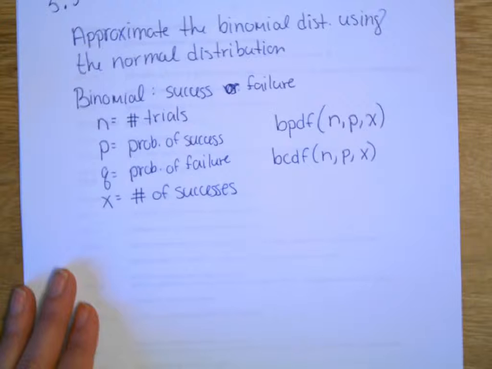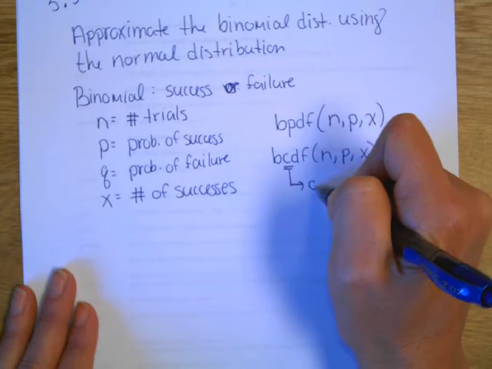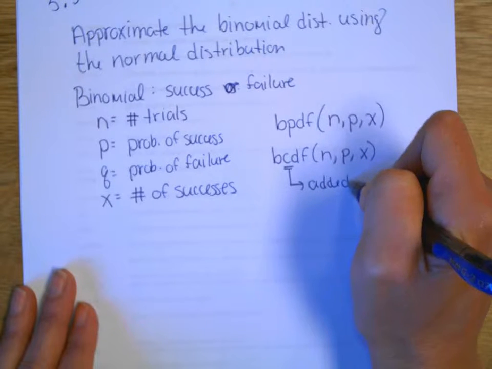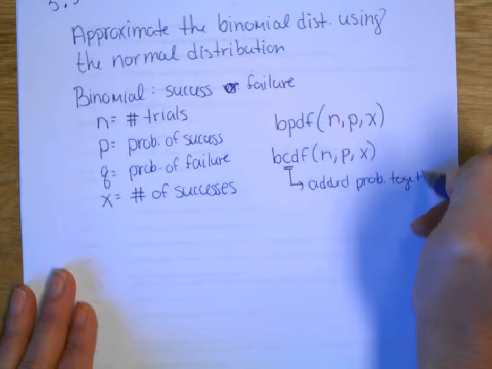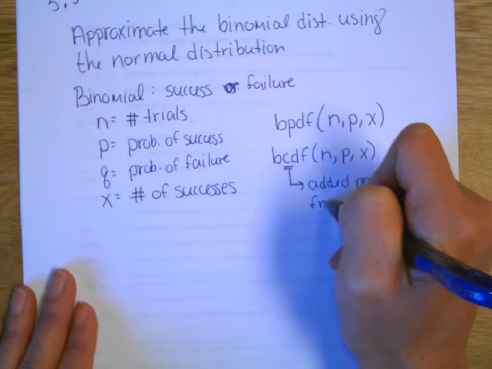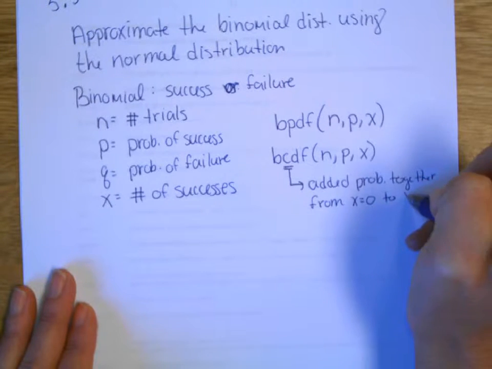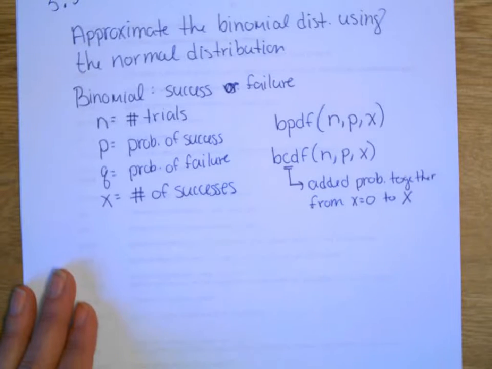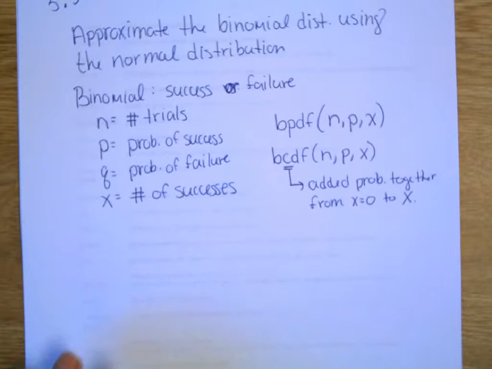Added them all together, starting from 0. So this one added probabilities together from X equals 0 to the X number that you put in the program. Okay. So, that's all we did in chapter 4. And you might have a problem or two that pop up and you get to do that again.